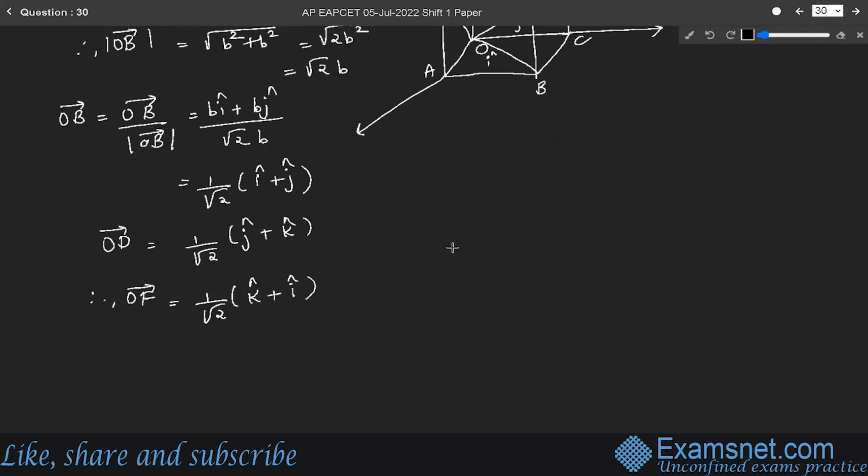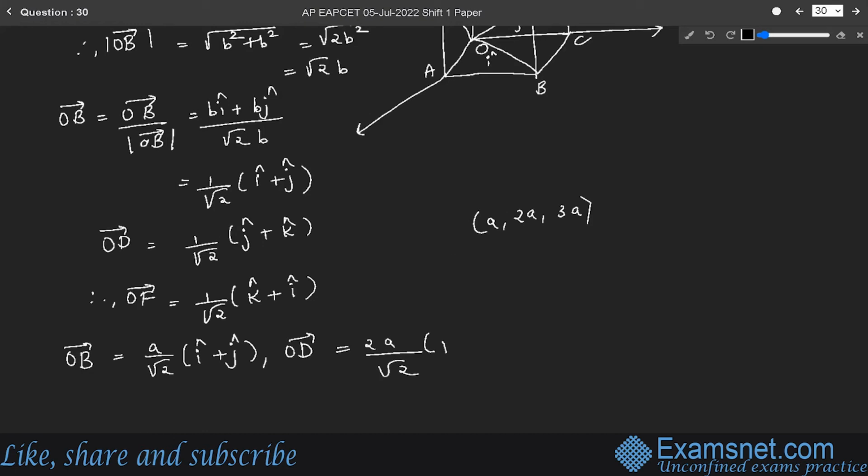We can write it as, see, the magnitudes are A, 2A and 3A. So OB vector will be equal to A upon root 2 into I cap plus J cap. Similarly, OD vector will be equal to 2A upon root 2 into J cap plus K cap, and OF vector will be equal to 3A upon root 2 into K cap plus I cap.